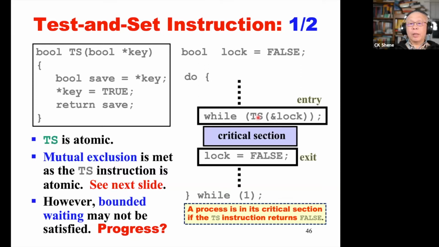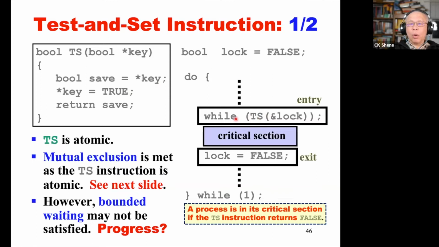I set it through the TS instruction. Then when you execute TS, TS replaces the old true value by a new true value, and the old true value is returned as a result of the TS execution.